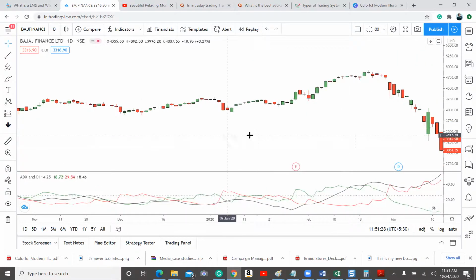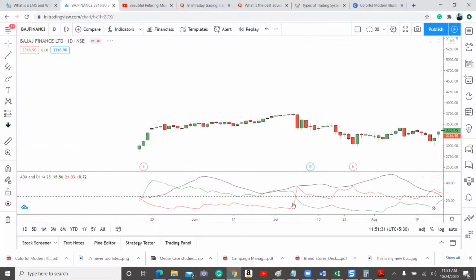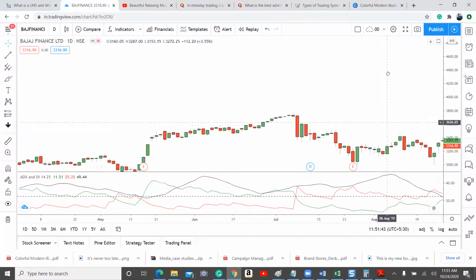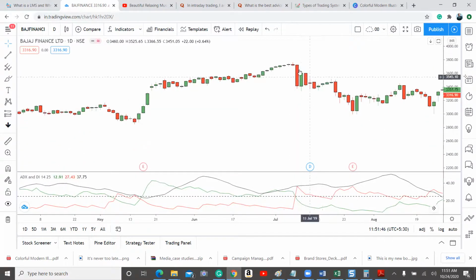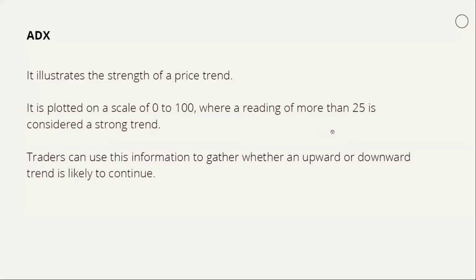Somewhere here, for example, the red DI line went above the green DI line. This indicates a stronger downtrend, and the ADX line is above 25 anyway. So one can use the ADX indicator like this.